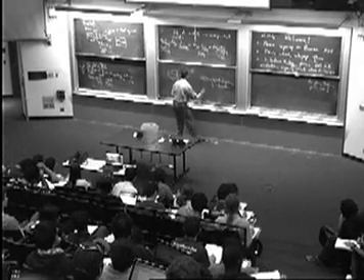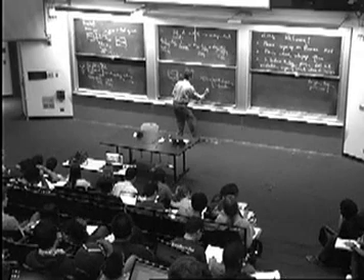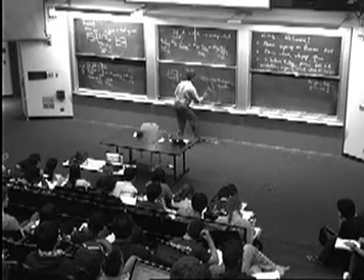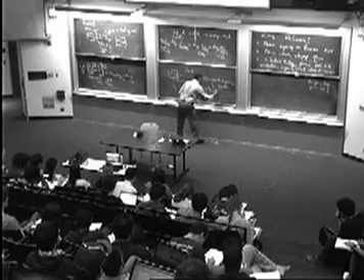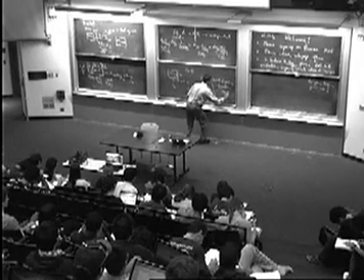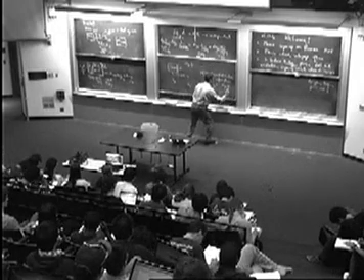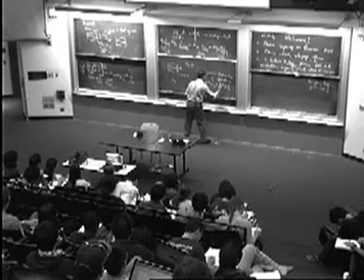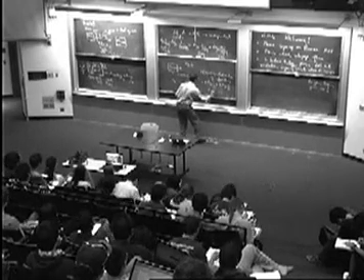And so, if the emission is S1, then the information is this, but that happens with probability P1. If the emission is S2, it carries this information, and it happens with this probability, and so on.